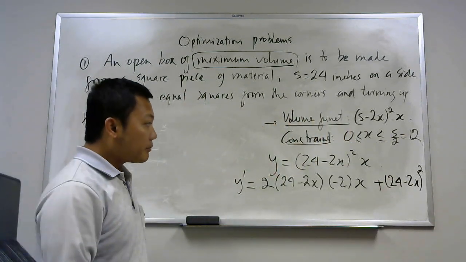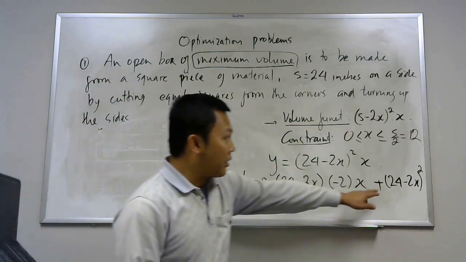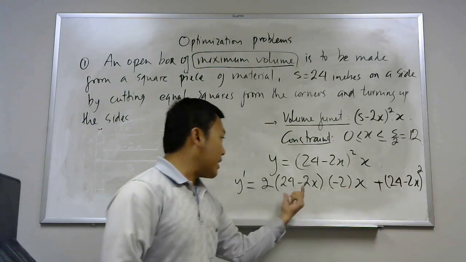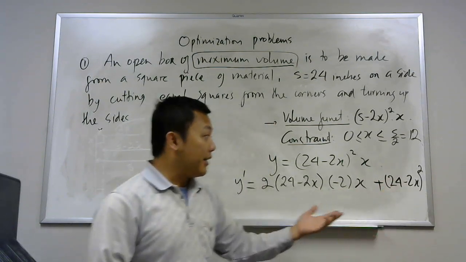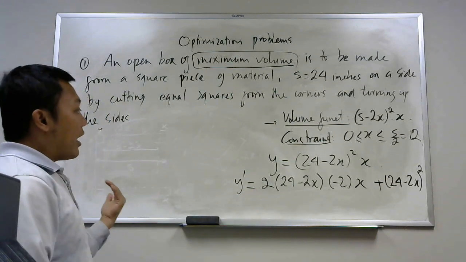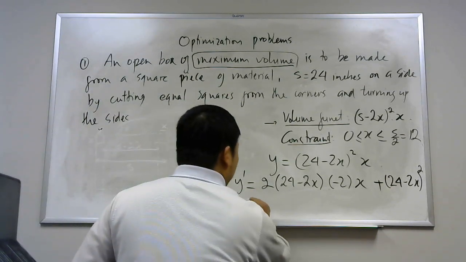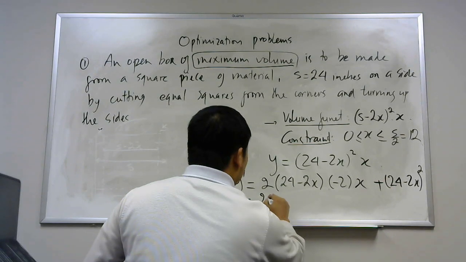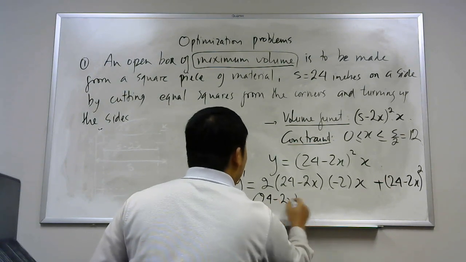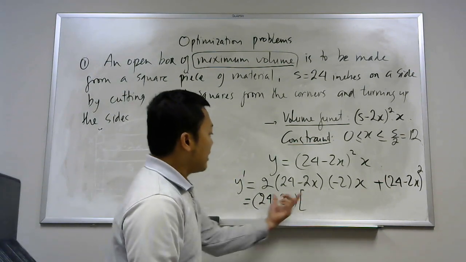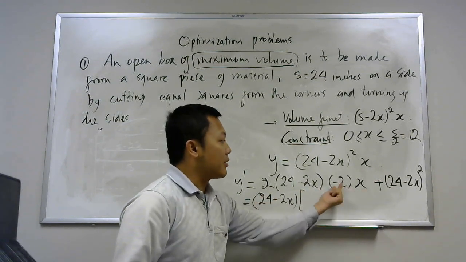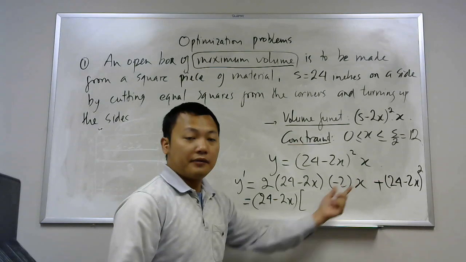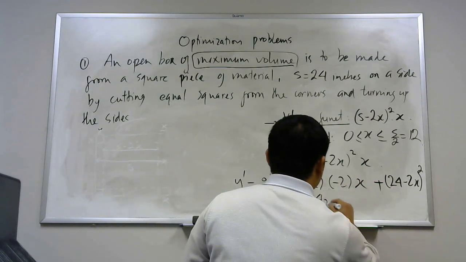Now, I don't distribute this. Because I see 24 minus 2x, 24 minus 2x. I just factor that out. I get 24 minus 2x. All right, now inside, from this term, I get 2, 92, and x. 2, 92 is 94, 94x. So I have 94x.